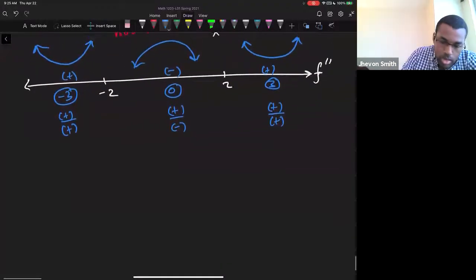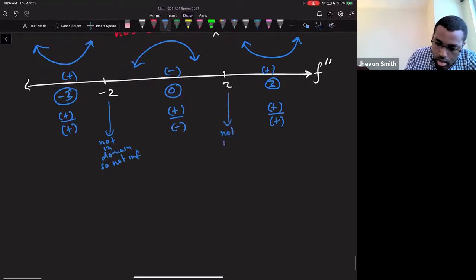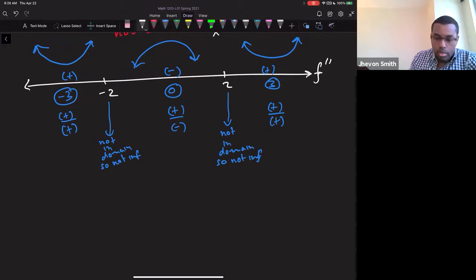So these guys not in domain. So not inflection. Not in domain. So not inflection. Okay, so there are no inflection points.